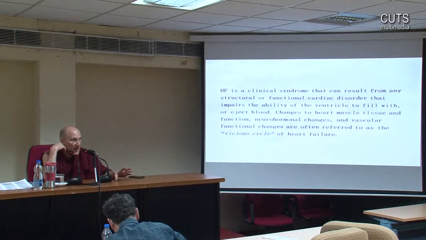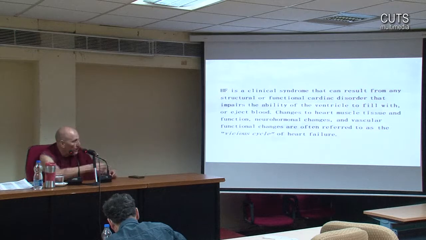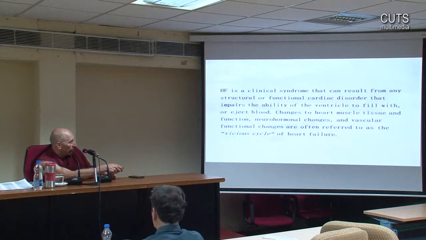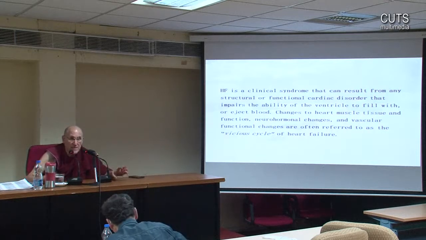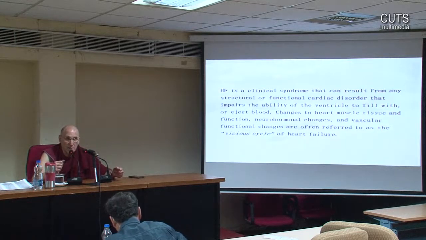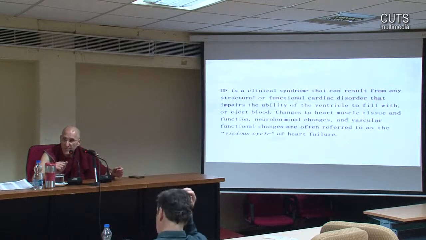It causes a vicious cycle. It's trying to compensate through the heart muscle, through the hormones, and through the blood vessels, trying to compensate and make this heart work better. But it ends up doing the opposite. It makes things worse. And that's called a vicious cycle.